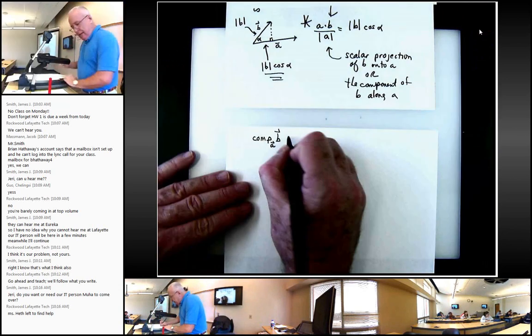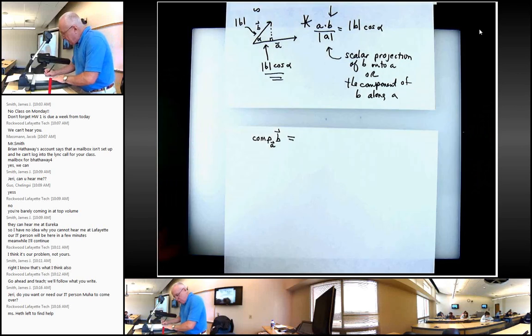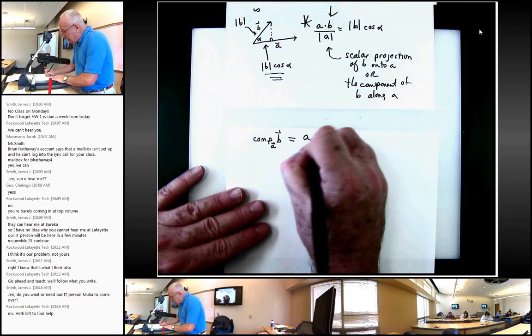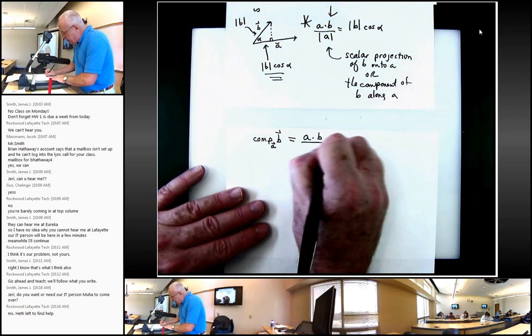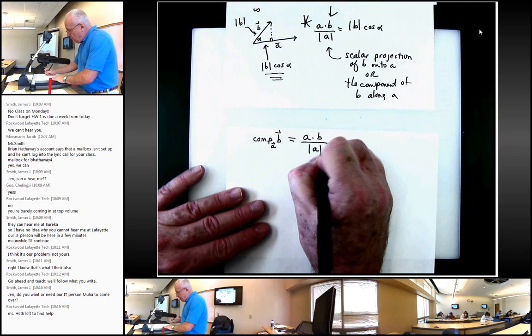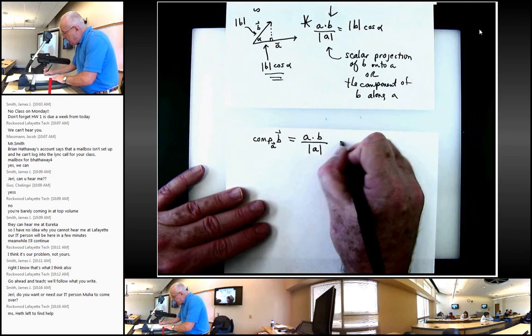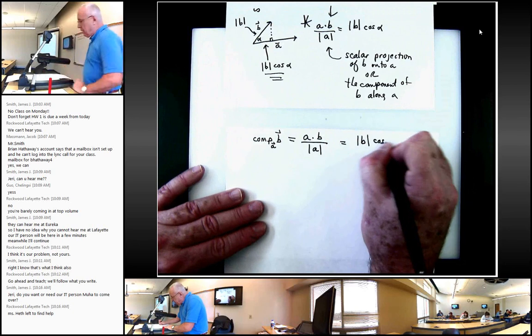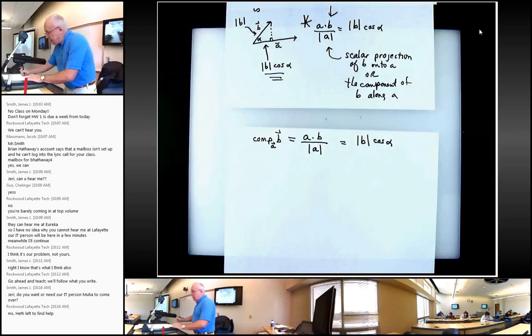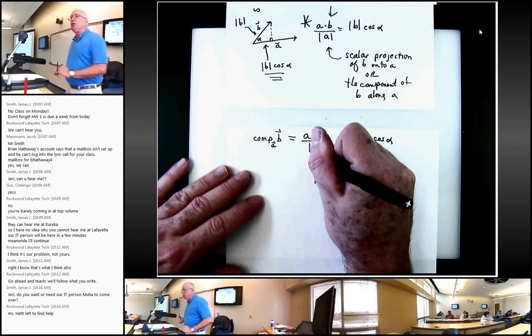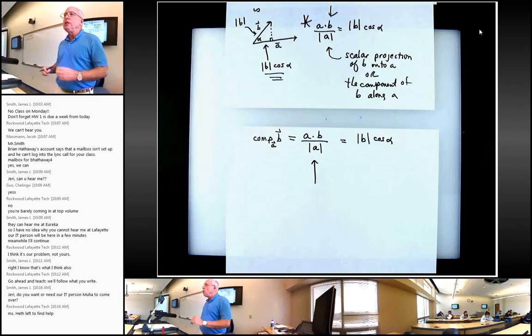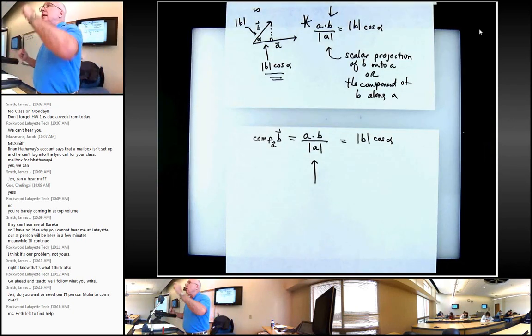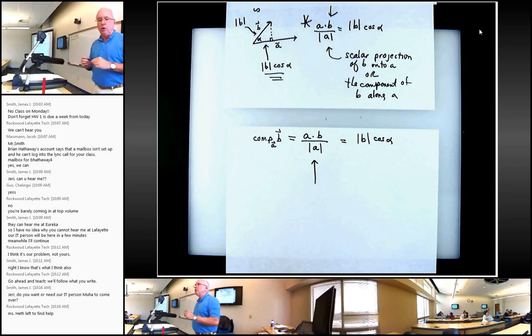And that is equal to A dot B divided by the magnitude of A, which is the same as saying the magnitude of B times the cosine of the angle. But this is the formula that you would use because you don't normally know what the angle is between the two vectors. Okay, let's take a 5-minute break then till about a quarter after.